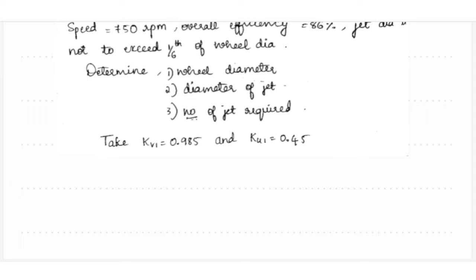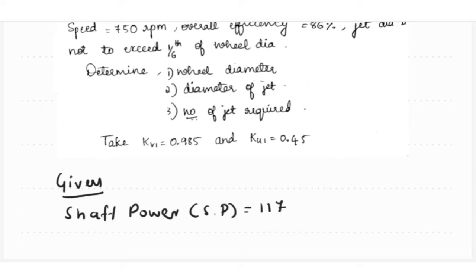Let us write down the given data. Shaft power is given here, so shaft power SP is equal to 11772 kilowatt. Next head is given, so net head H is equal to 380 meter.